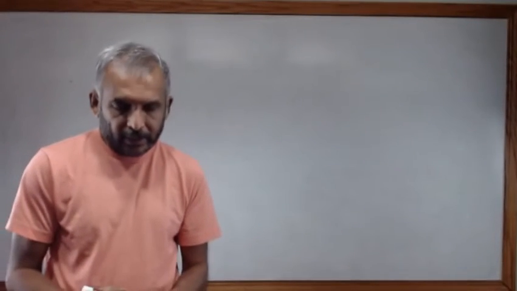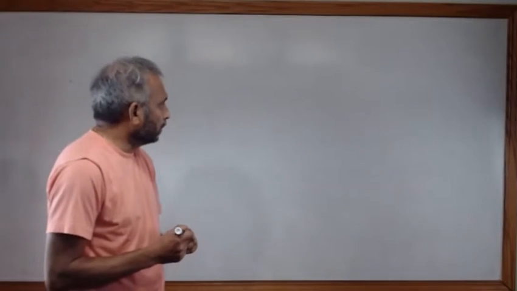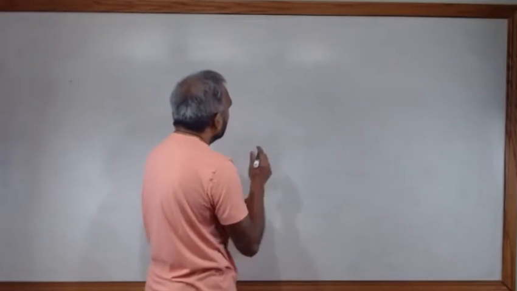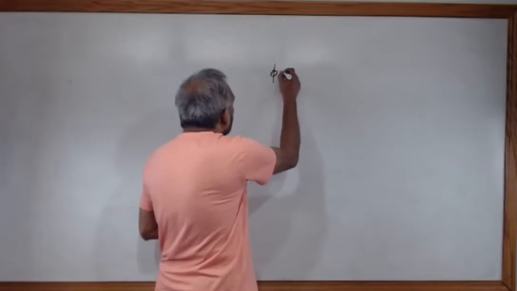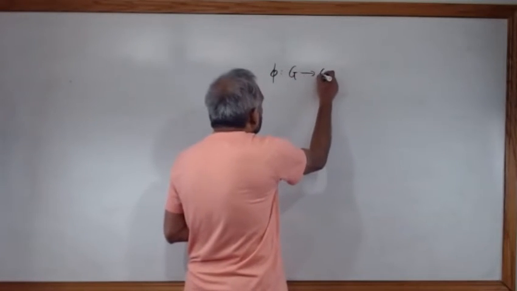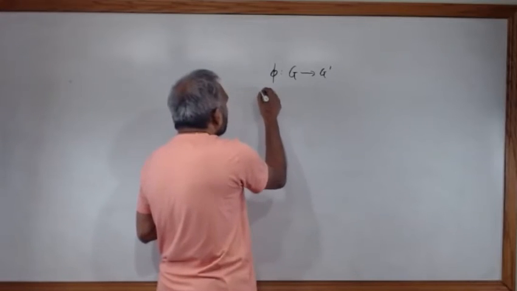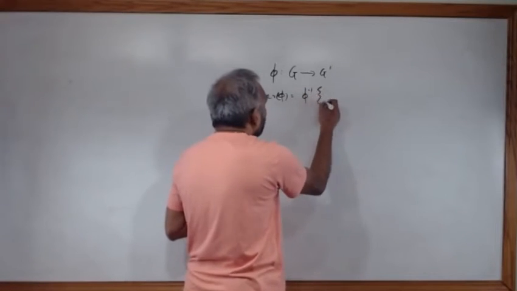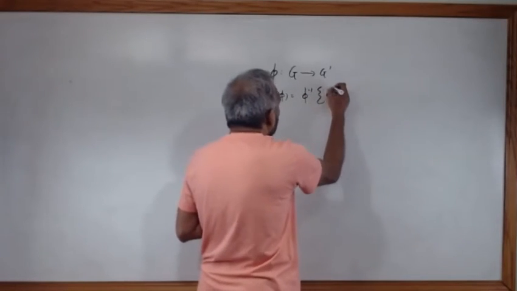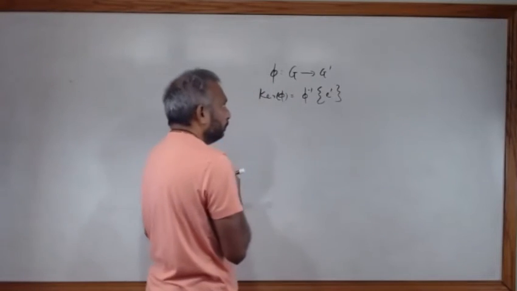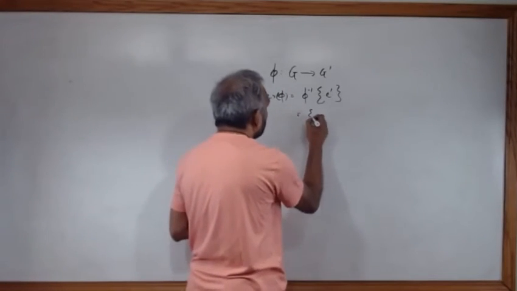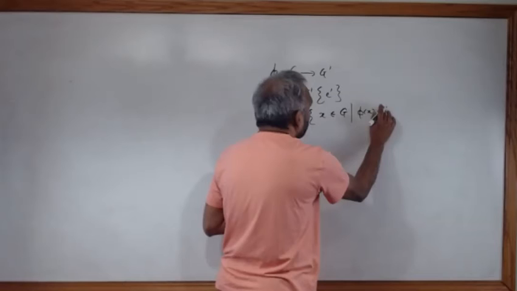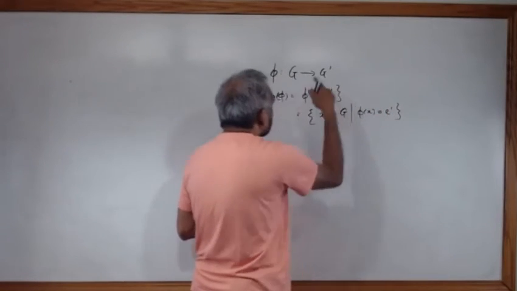In the last session, we also discussed a special subgroup based on homomorphism, and that is called the kernel. So if phi is a homomorphism from G to G prime, then the kernel of phi is equal to the inverse image of the identity subgroup of G prime. Or you can say this is equal to the elements from G that are mapped to the identity of G prime.